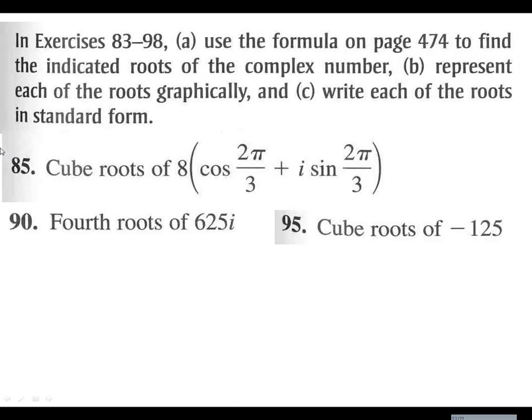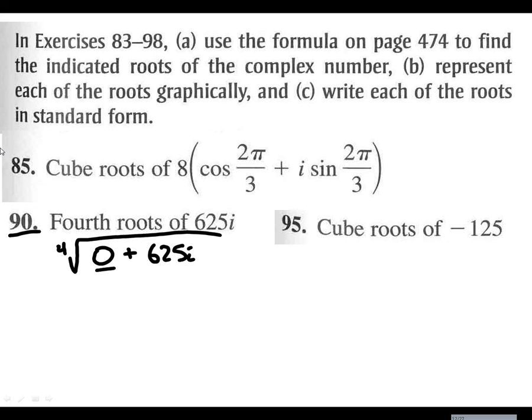All right, 90. We're going to talk about finding the roots of these complex numbers. So what we want to do here is first turn it into the trig form. So we're looking at 90. All right, fourth roots of 625i. That's the fourth root of 0 plus 625i.